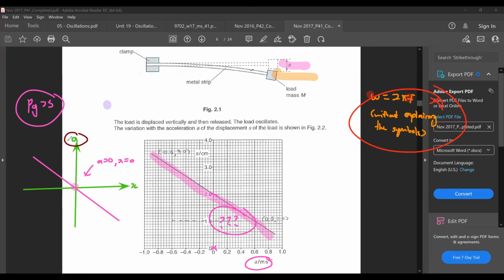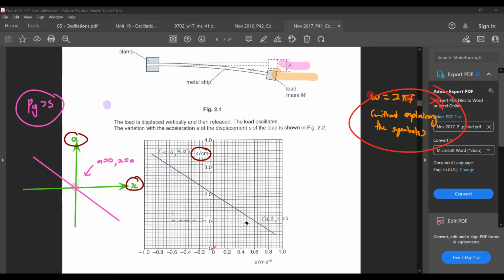This one was acceleration on the y-axis, displacement from equilibrium on the x-axis. But the current graph is the other way around: displacement s on the y-axis, acceleration on the x-axis. And when your acceleration is 0, you have some value of displacement. So something feels off here.